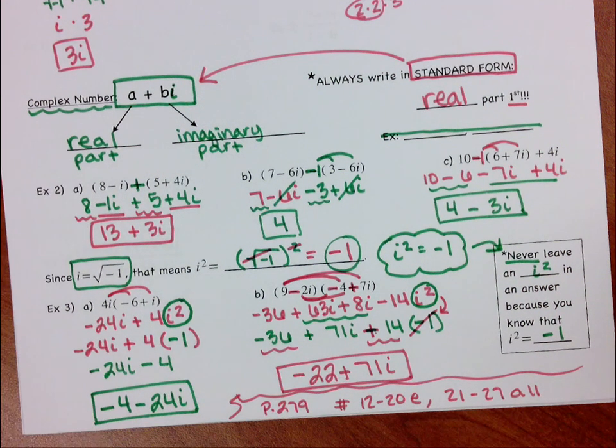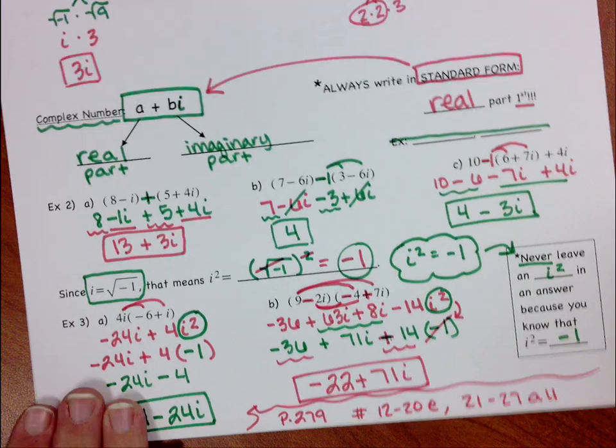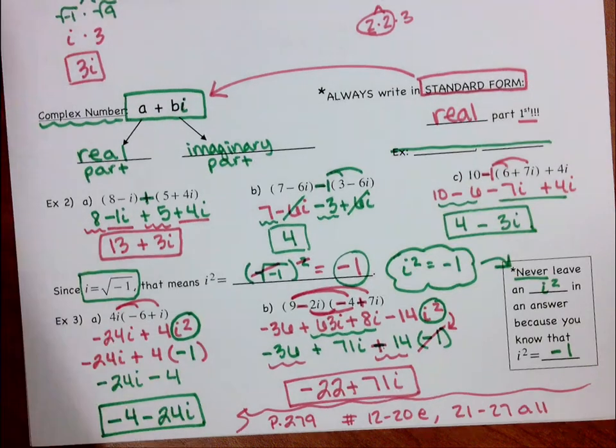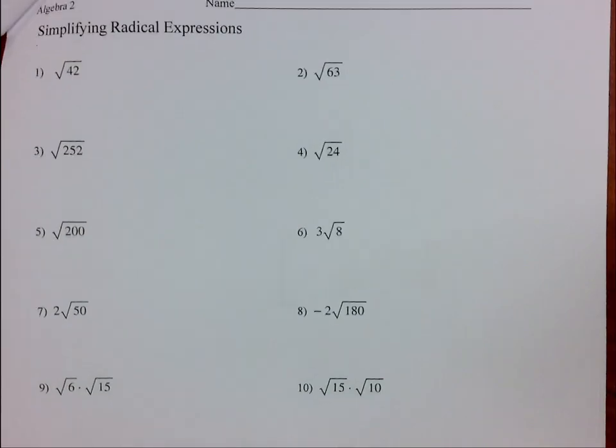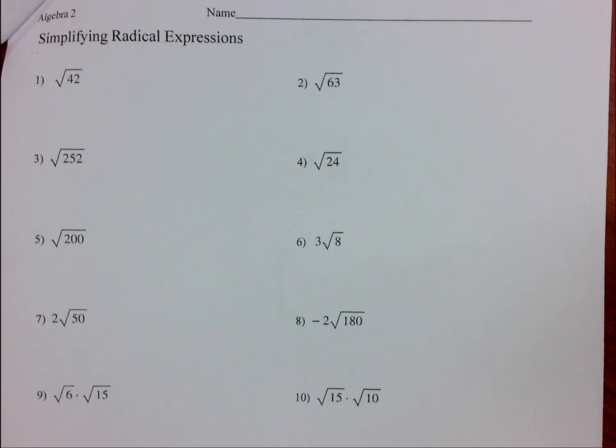It says 17 on the front of your packet, so it should be a 27. All right, we will check those, and we will check our simplifying radicals worksheet tomorrow. Okay.